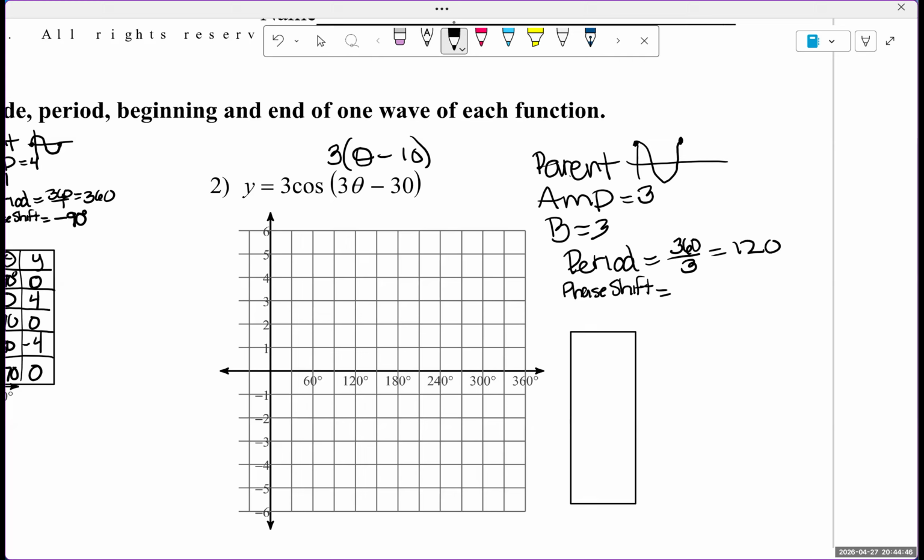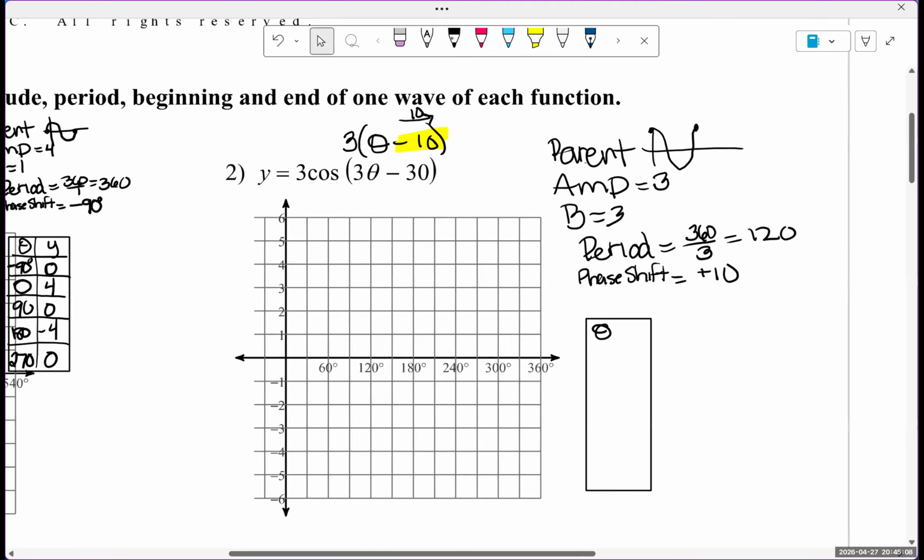And what about the phase shift? So here is the phase shift. The phase shift is going to be 10 in the positive direction. So plus 10 degrees. Little awkward. It was nice when it was a phase shift of 90.